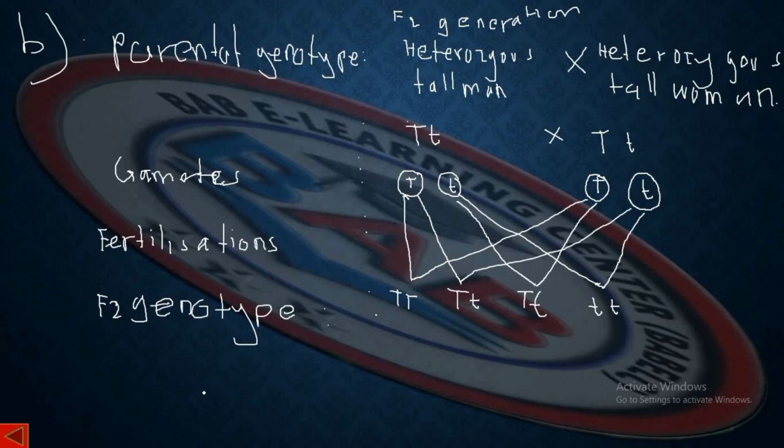So the question was asking for the genotypic and the phenotypic ratios. How do we get the genotypic ratio? The phenotypic ratio is got from these alleles, from the offspring. We see that the offspring will have tall, tall, tall, and then short.